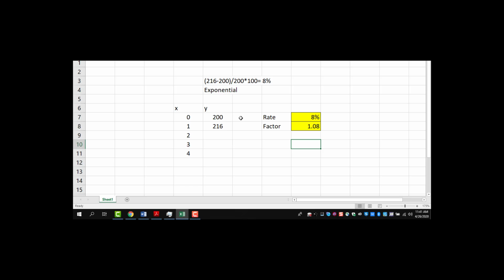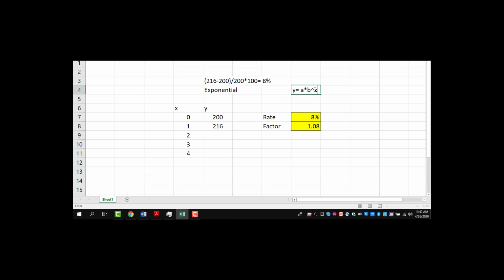Okay, so I'm just going to put my y's over here. And I'm going to build my formula. Y equals the initial value times the factor raised to how many you have, how many times you're repeating that. Here I'm not repeating it at all, it's just 0.